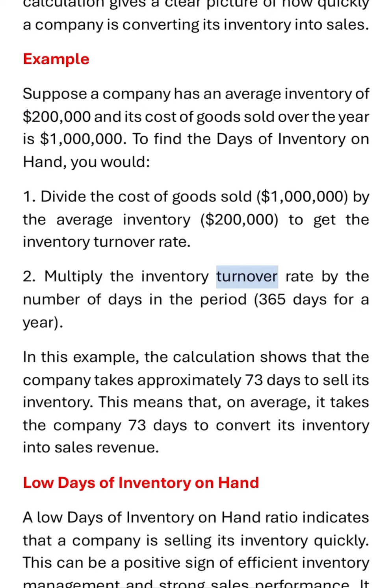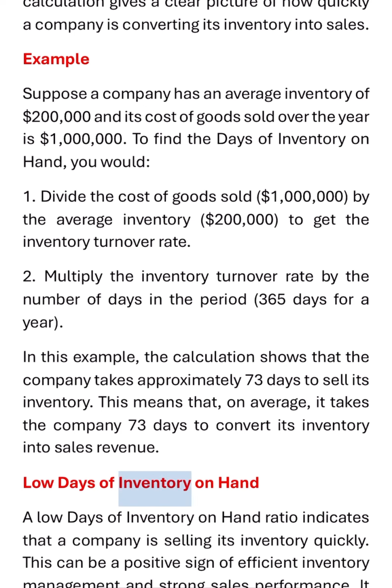Multiply the inventory turnover rate by the number of days in the period, 365 days for a year. In this example, the calculation shows that the company takes approximately 73 days to sell its inventory. This means that, on average, it takes the company 73 days to convert its inventory into sales revenue.